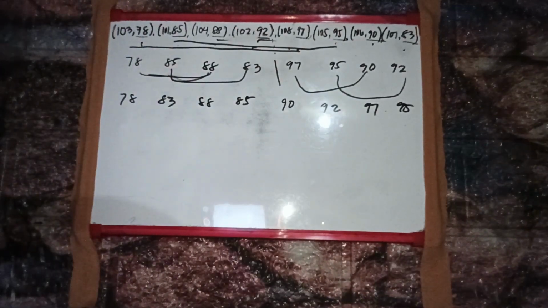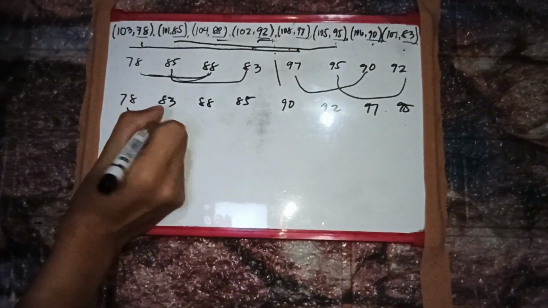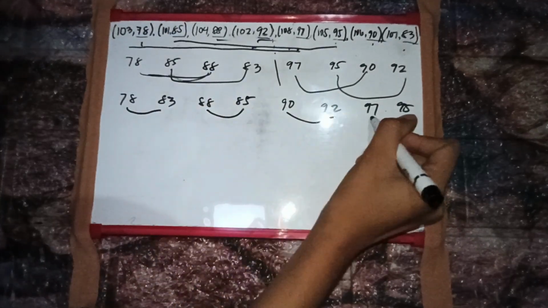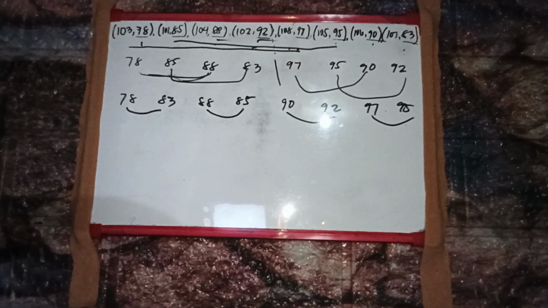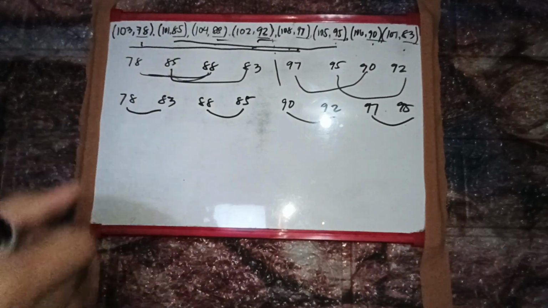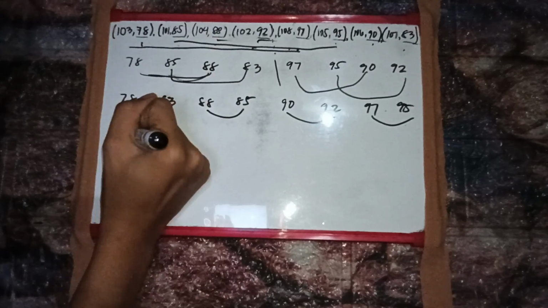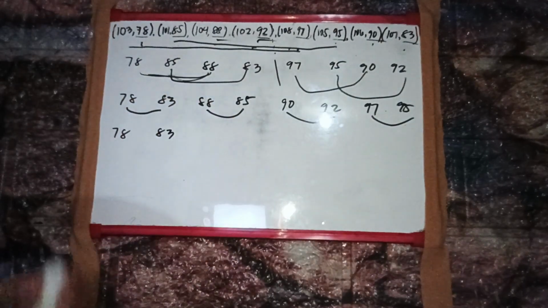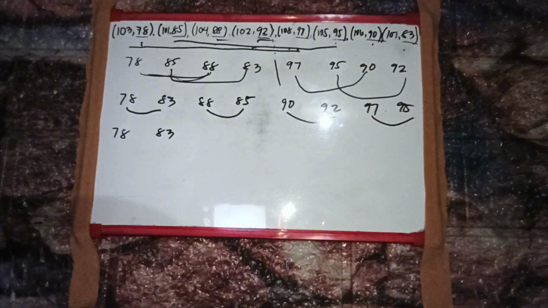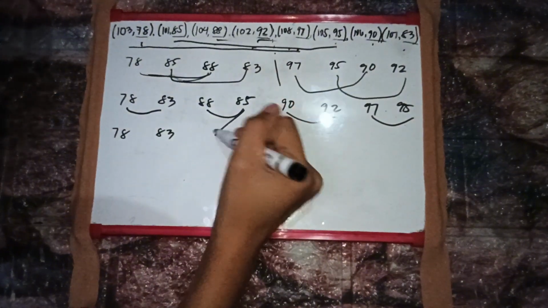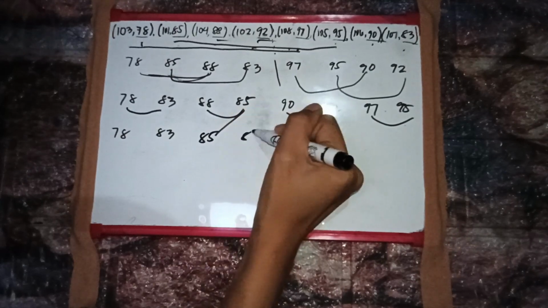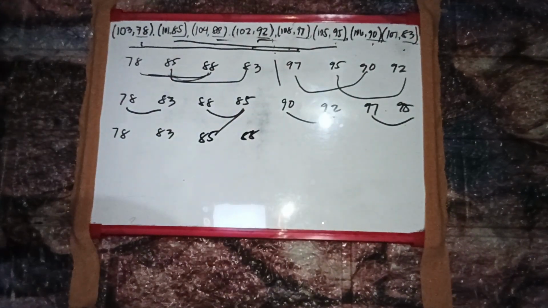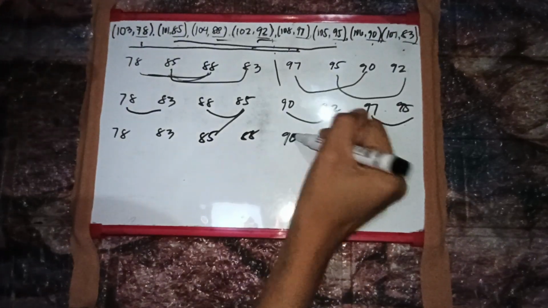So we're going to divide it again by 2. So 2 divided by 2 equals 1. So we're going to compare them by 1 arrow lines. 78 is less than 83, so it stays the same. 88 is greater than 85, so we're switching them. 85 will be put here, then 88. 90 is less than 92, so it's just the same.